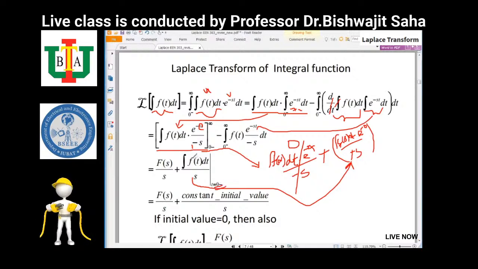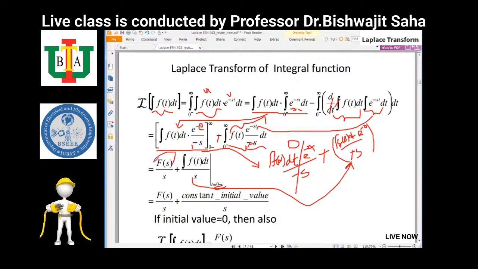But f of s will come from the second part. Look, this minus becomes plus, and take out 1 over s. Then 0 minus to infinity f of t e to the power minus st dt. What is this? This is capital F of s.